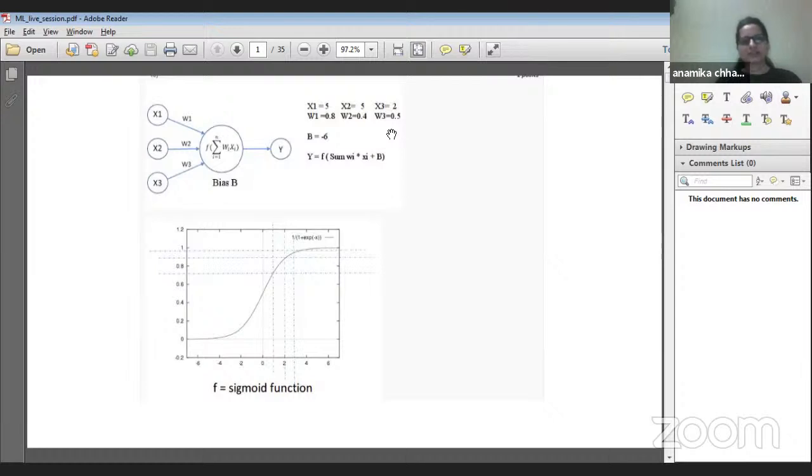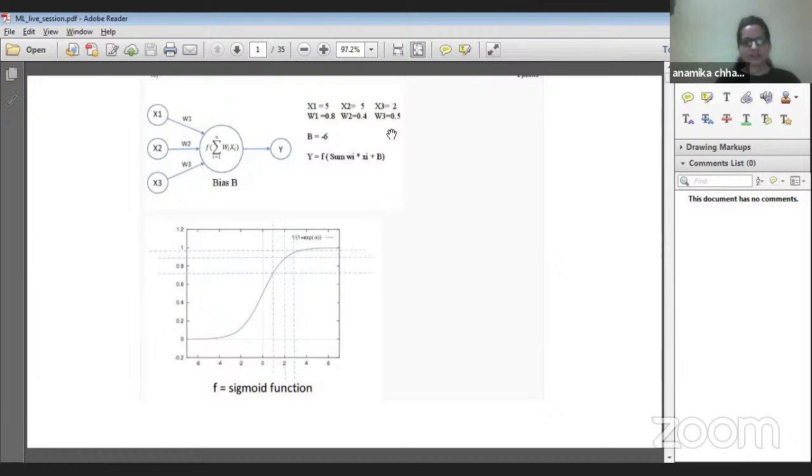So in this question, there is a single neuron and there are three inputs, x1, x2, and x3, and there are three weights, w1, w2, and w3. We have to find the weighted sum of these inputs. Once we get the weighted input, we apply an activation function. There are different activation functions that are used in neurons.